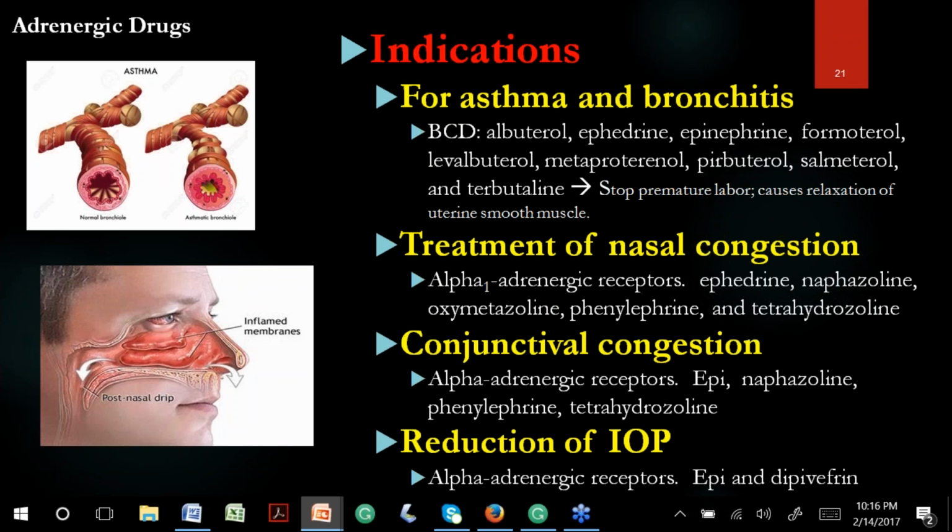All right, so let's go here. For example, for asthma and bronchitis, what are we going to use? We are going to use agonists, right? Which agonist? The beta 2 agonist. Beta 2 agonist, the bronchodilation. Mostly it's going to be the albuterol. We have the ephedrine.